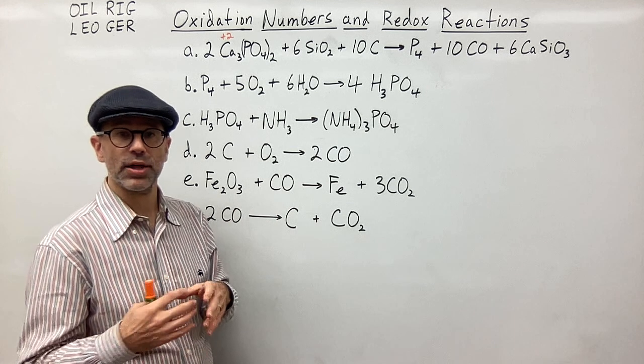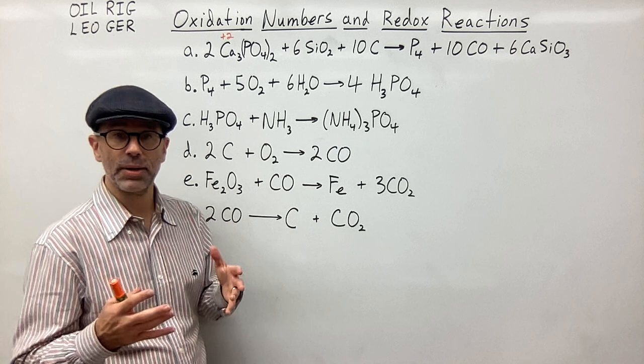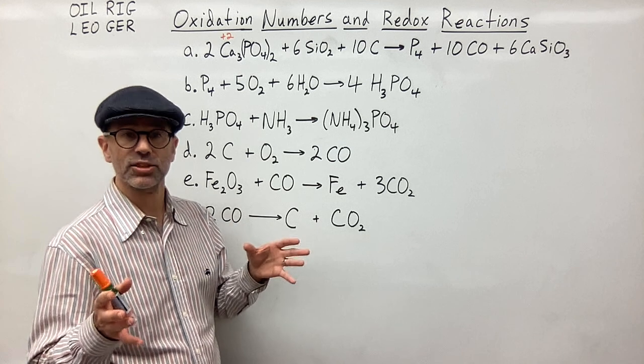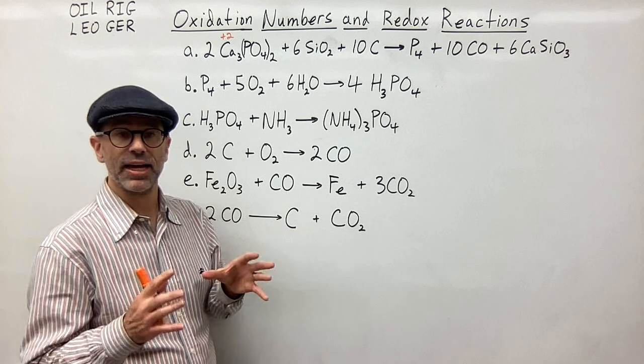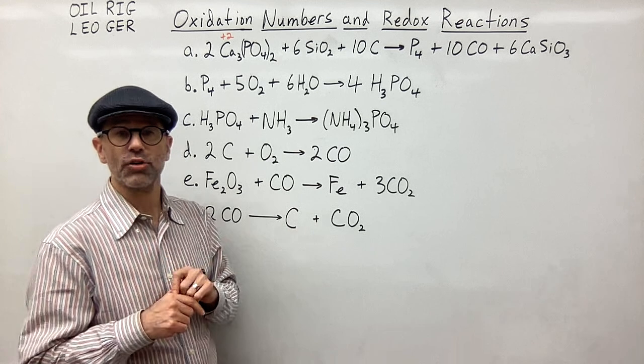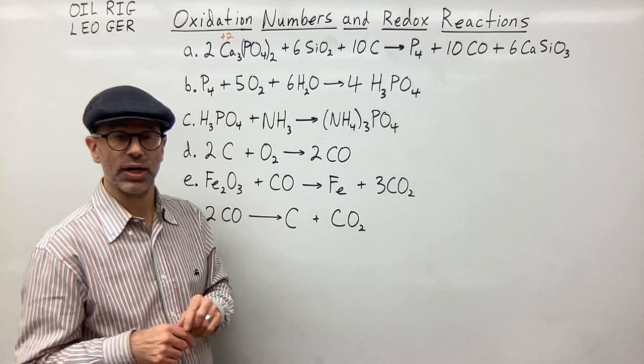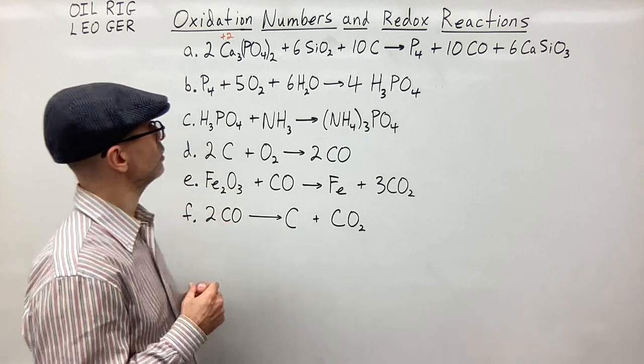Same thing goes with neutral compounds. The oxidation states of the atoms in a molecule should also add up to 0 because molecules don't have any charge, right? So that's another rule that needs to be followed.